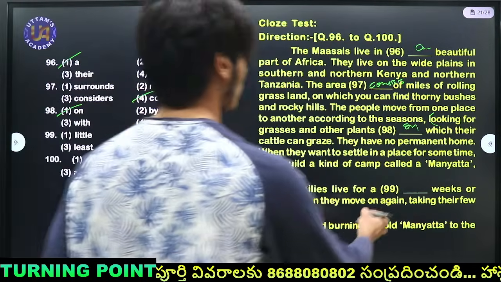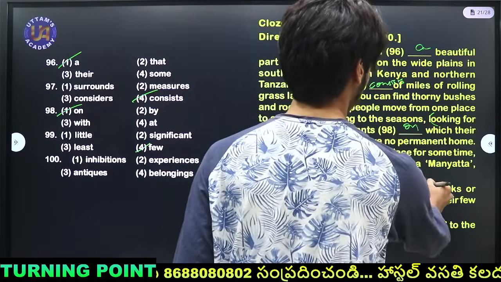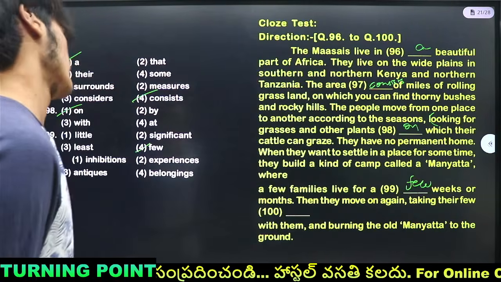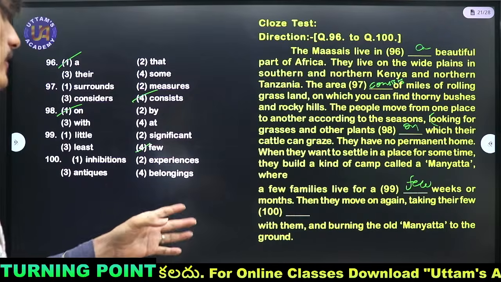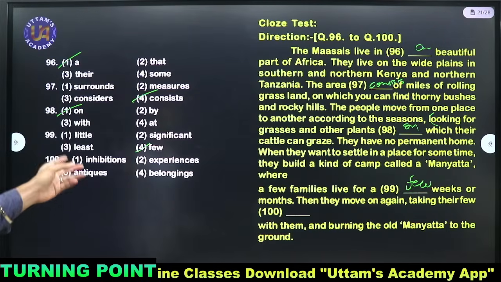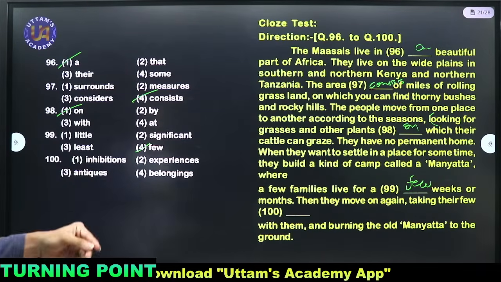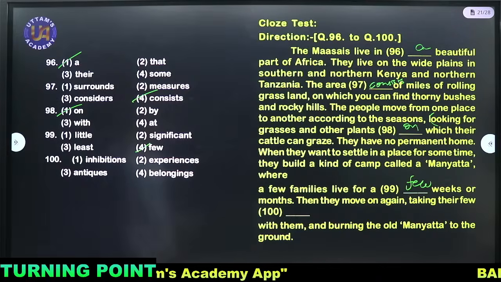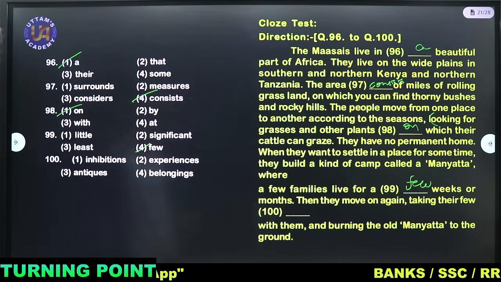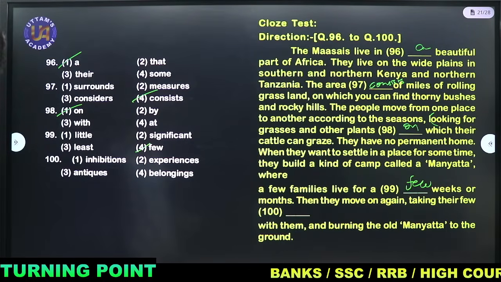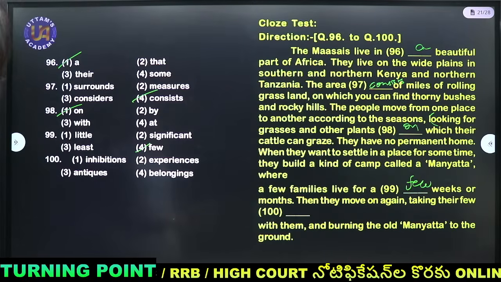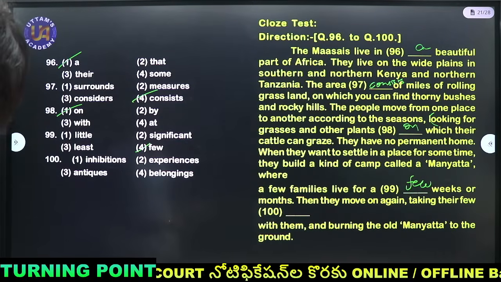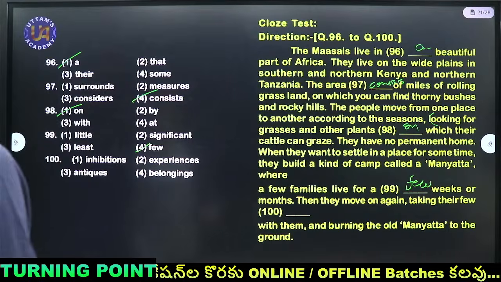So they live for a few weeks or months, then they move on again, taking their dash with them: inhibitions, experiences, antics, belongings. Anudipti says belongings, Lucky says belongings, Hassan Basha says belongings.